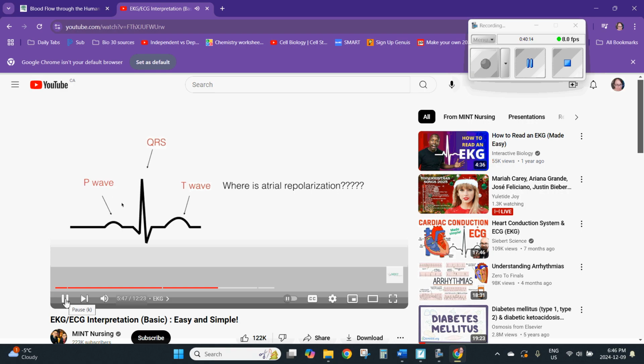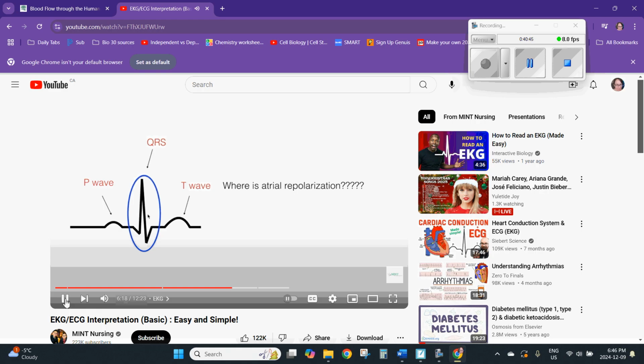QRS complex is less functional because ventricles tend to contract stronger than atria, leading cells to pass through atrial depolarization. And so that is then atrial repolarization. And relaxation takes place after atrial. So then you have within QRS complex.